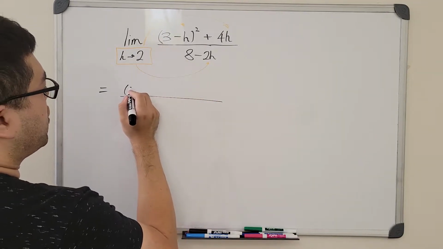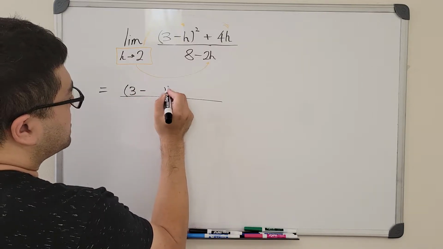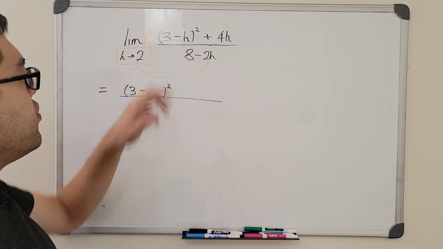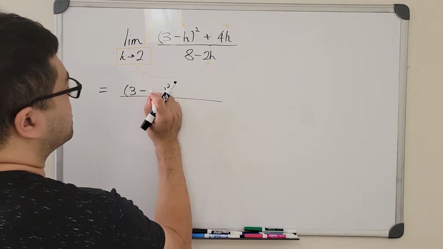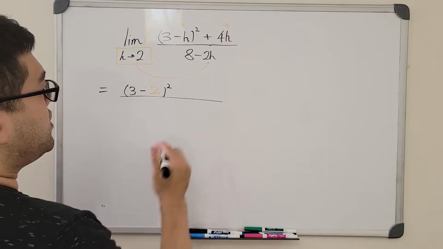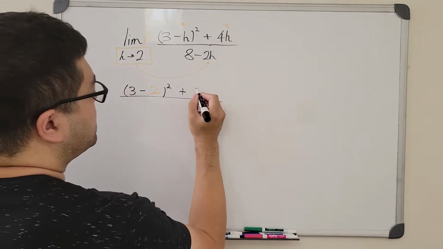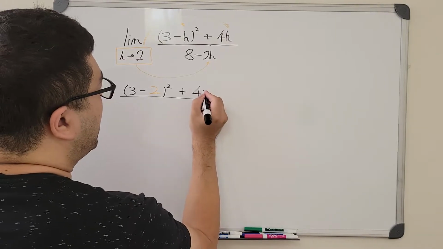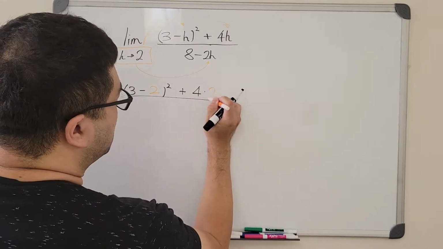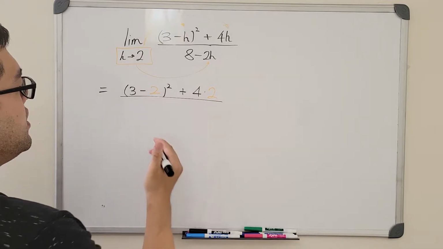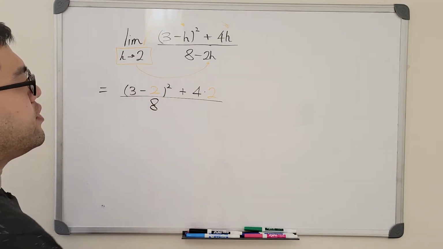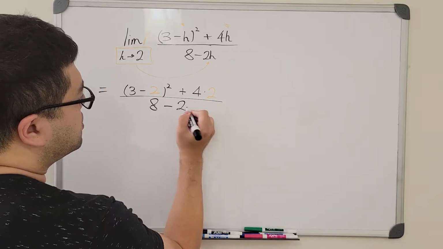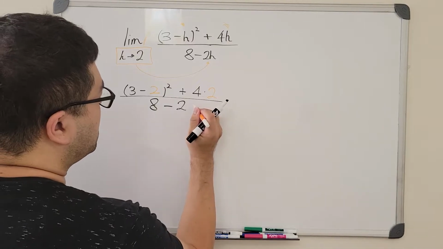So this is what we get. We still have the quantity 3 minus something squared, and as we have an h here, we replace it with 2. Similarly, we have plus 4h, where again we replace the h by 2. Last but not least, we do the same on the denominator: 8 minus 2h, where h is again 2.